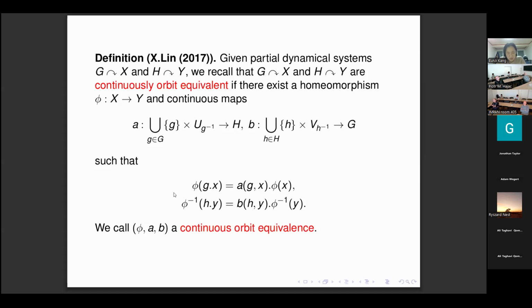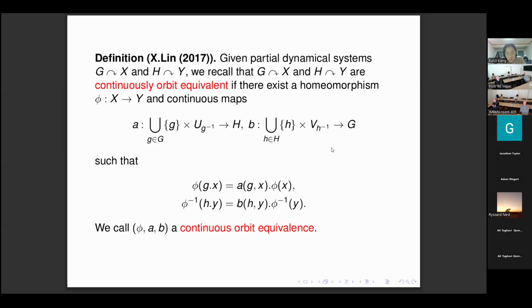Two partial dynamical systems are said to be continuous orbit equivalent if there is a homeomorphism between the spaces X and Y, denoted by P. And in addition, there are two continuous maps A and B defined like here. And these maps satisfy the following condition.